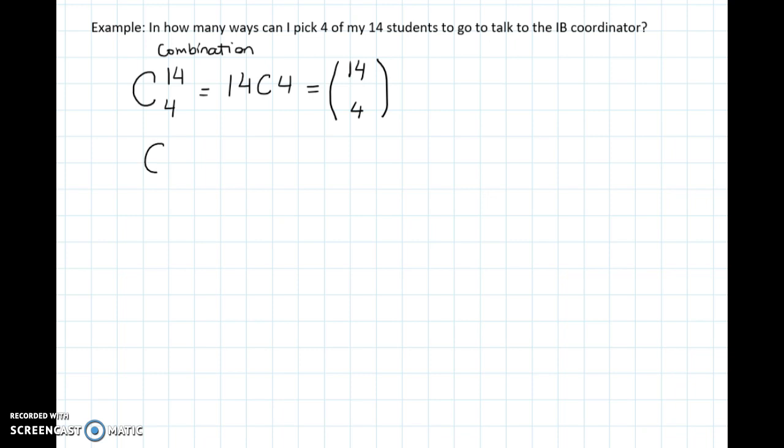And my reasoning is going to go the way of comparing this number and the number we found before, which was the permutations of 4 elements taken out of 14. So let's make clear here that when I'm talking about permutations, order matters.